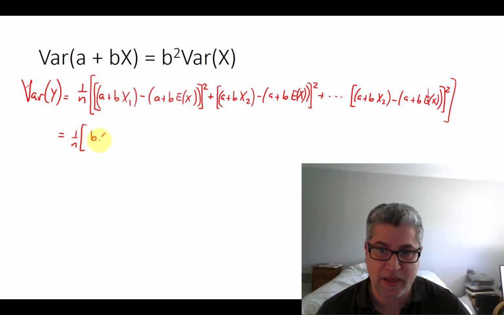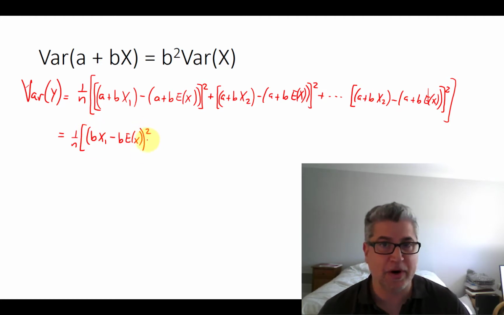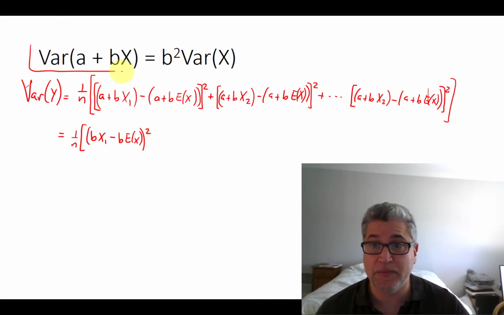So we have b x1 minus, because that negative sign distributes onto the plus sign, b the expectation of x. Now we're going to square that. And that part isn't pretty. But notice that we got rid of the a's. And that's good, because we know the punchline.